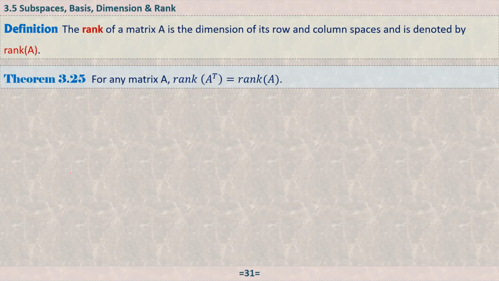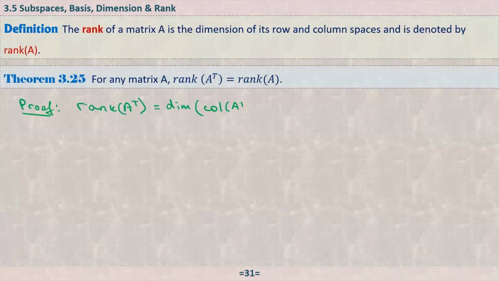And the proof is very simple. It says that the rank of A transpose is equal to the rank of A. I need to show this. How do you show that? Just using the previous theorem: what is the rank of A transpose? That's just the dimension of the column space of A transpose or the row space of A transpose, doesn't matter, right?